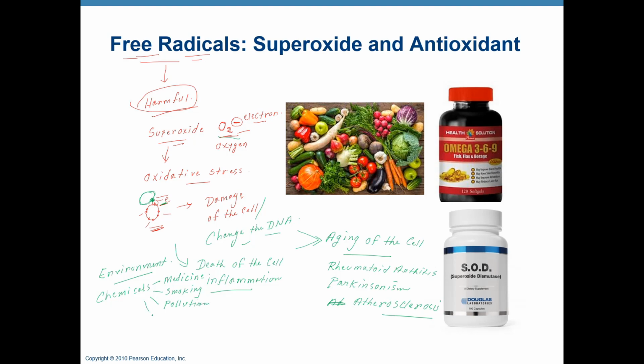Okay, if you inhale the toxic chemicals in the air, if you live in a place where you have a lot of factories around your house that produce a lot of toxic chemicals, if you inhale that air, that will enter into your body and cause excess production of superoxide.